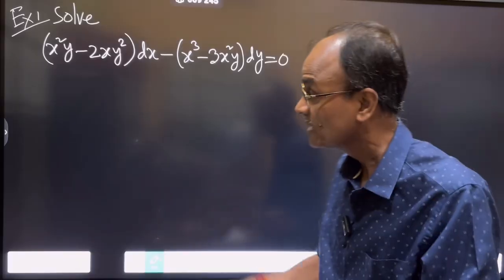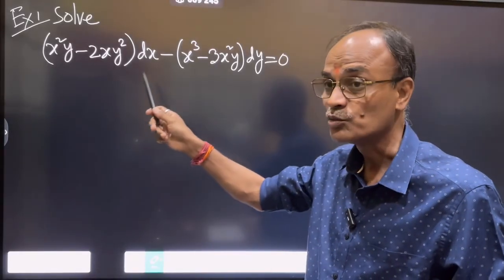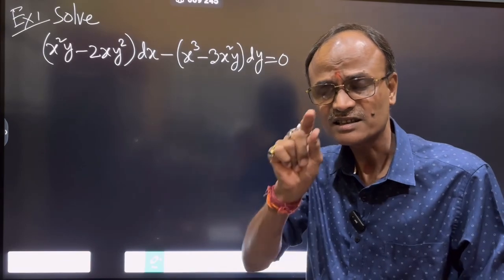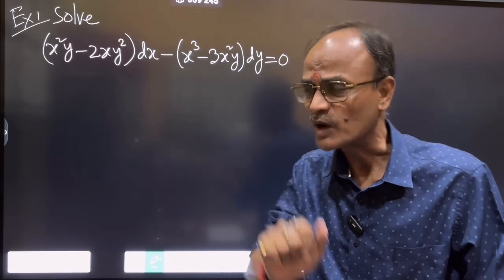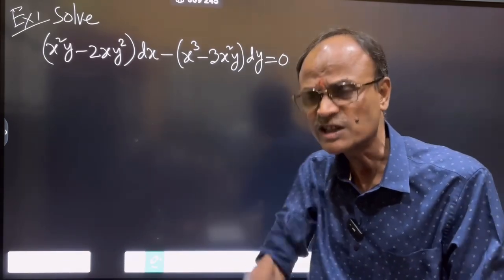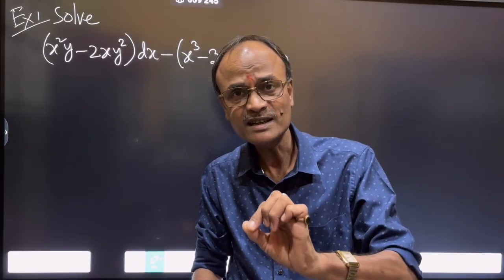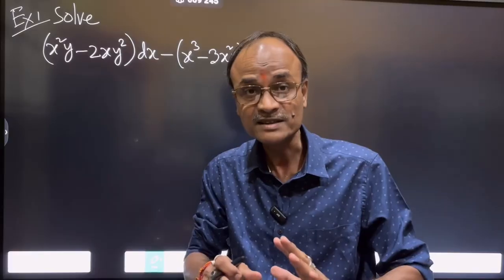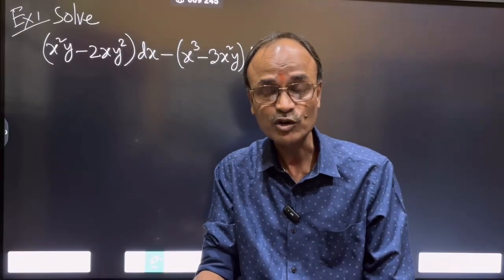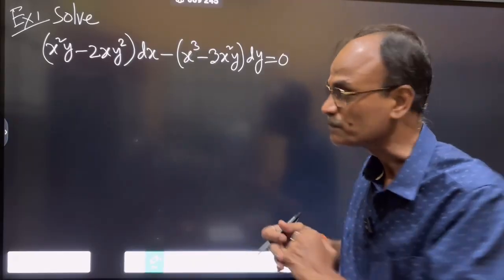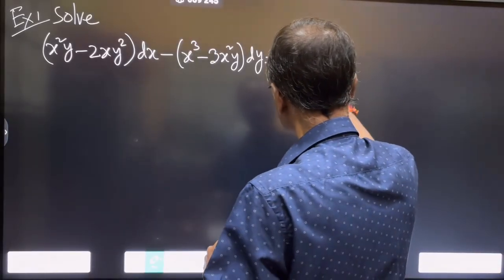Or, since it is homogeneous, now check that Mx plus Ny is not equal to 0, then 1 by (Mx plus Ny) is an integrating factor. Means if you multiply the differential equation by 1 by (Mx plus Ny), the differential equation will become exact.